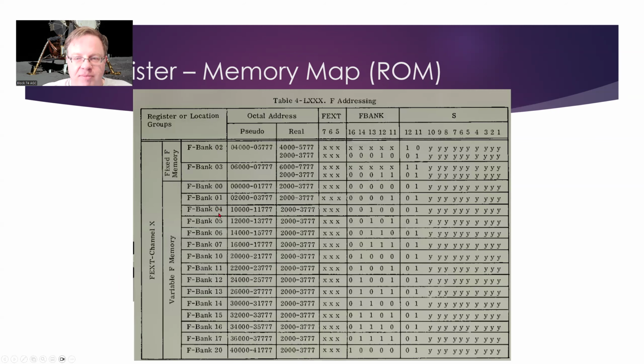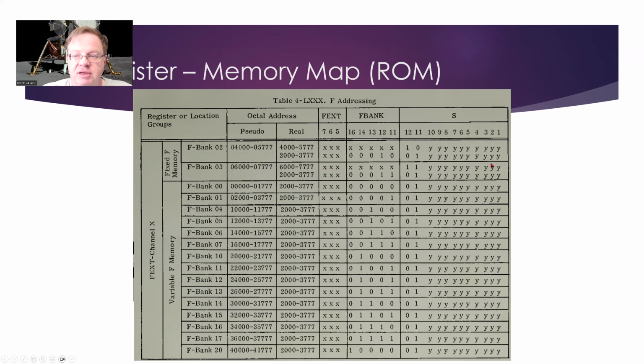If we look at ROM, it's similar. They don't quite have the same concept of having to have space for counters or other special addresses, so they basically just have fixed banks of memory. And they have a similar model where we've got some fixed memory, this fixed F memory, which is banks 2 and 3 that range from 4000 to 5777 and 6000 to 7777, which are always available.